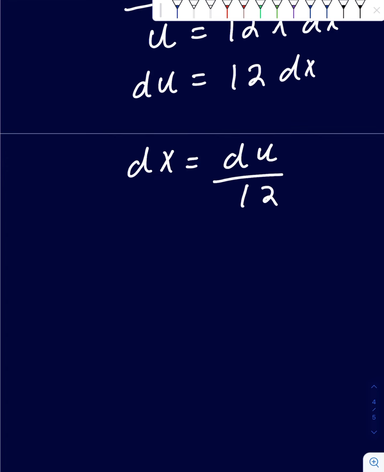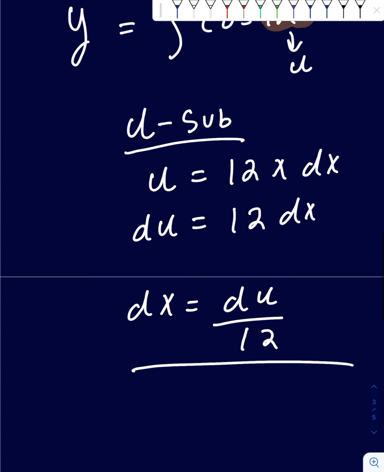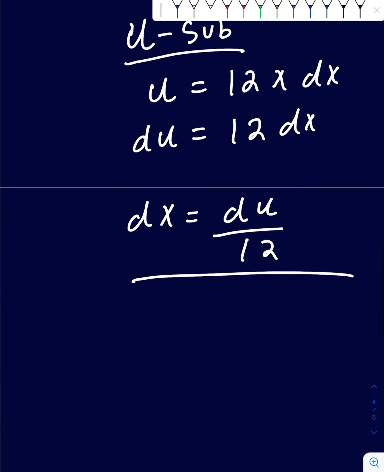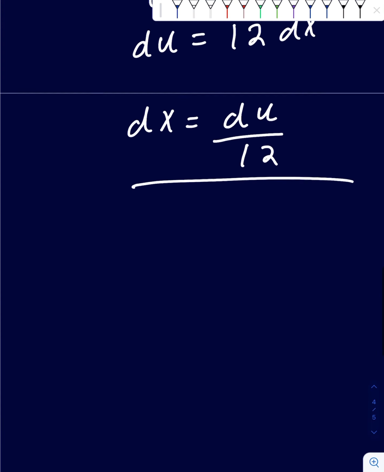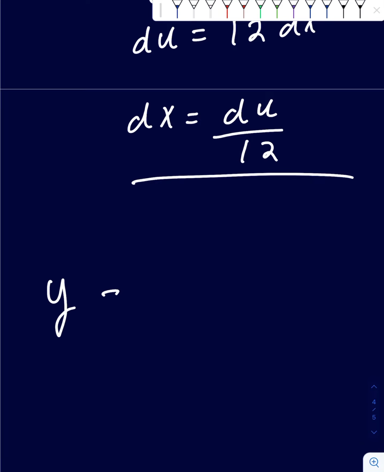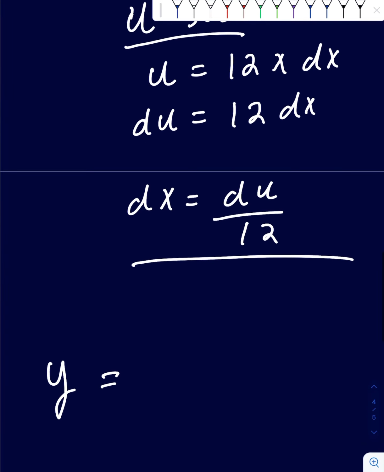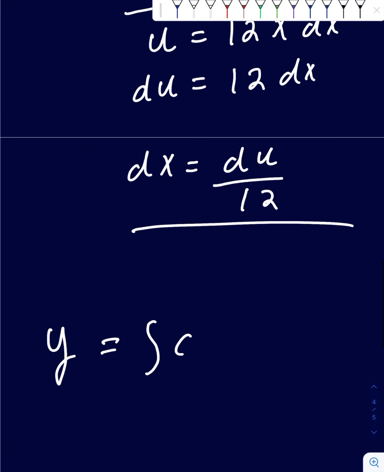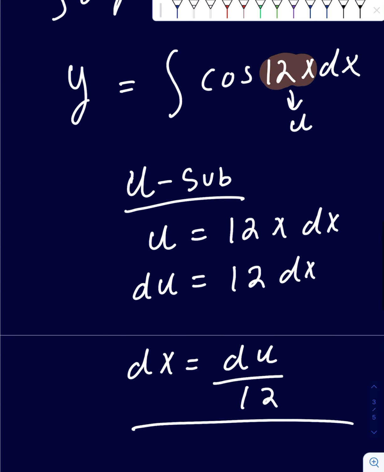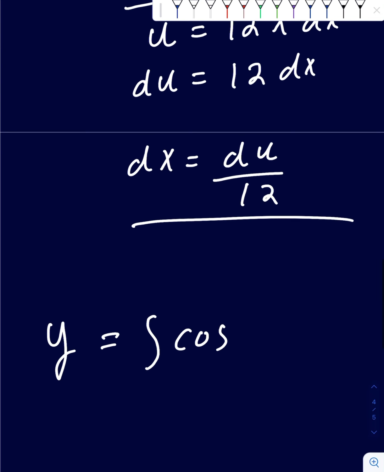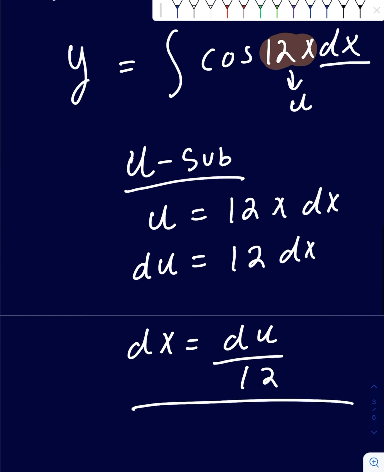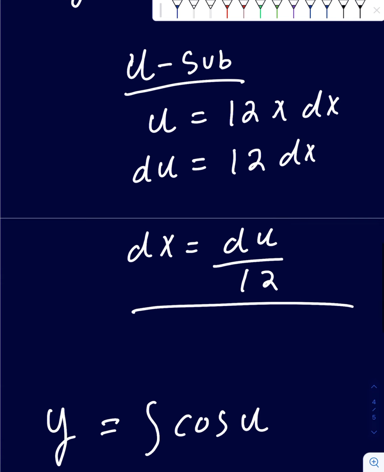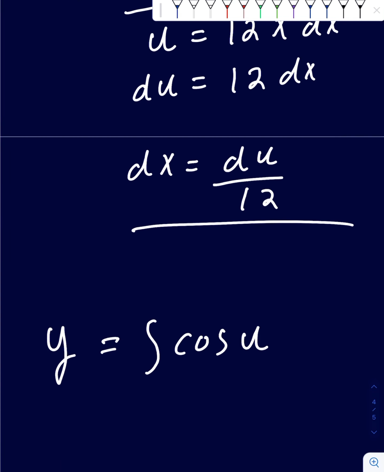That's our answer to our u substitution. So we copy the equation again. y is equal to the integral of cosine. What's our 12x now? It's going to be our u. And dx is equal to du over 12.